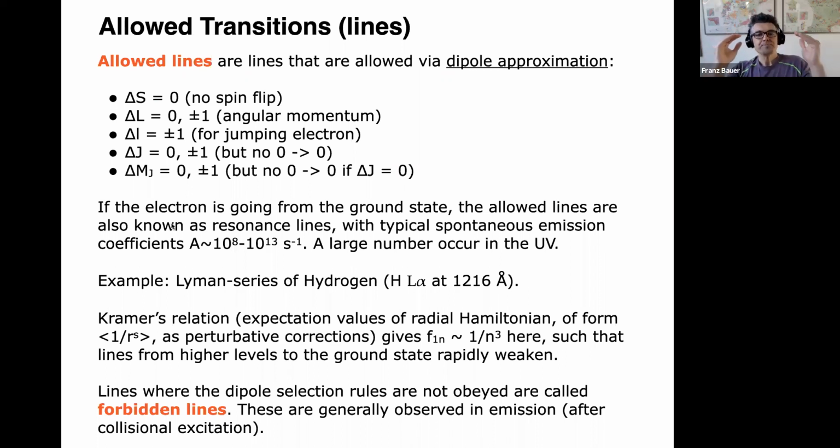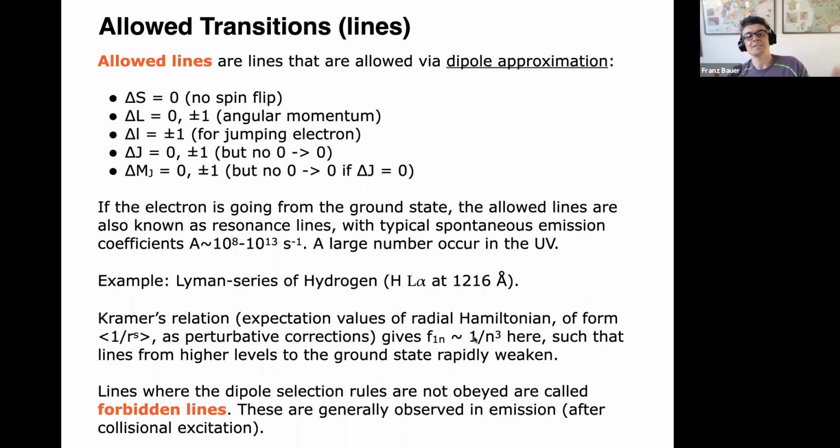You can think about the expectation value of the likelihood of going from one level to the next. You can calculate expectation values based on the radial portion of the Hamiltonian, which take the form of an average of the radius in some degree: 1 over r, 1 over r squared, 1 over r cubed, etc. By Kramers' relation, the expectation value should go as 1 over n cubed.